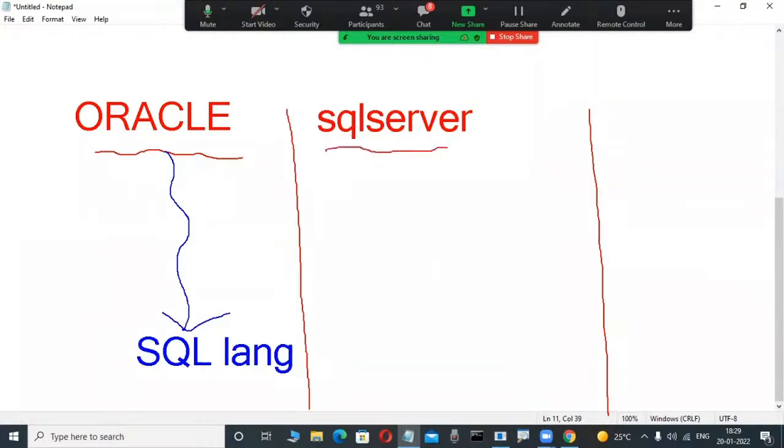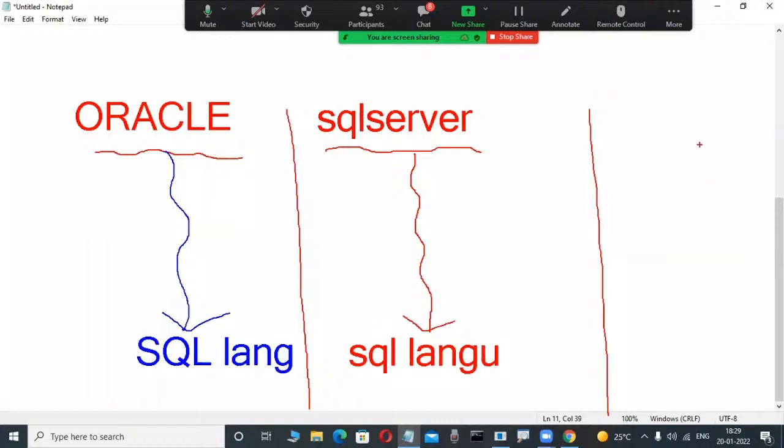Some employees are working on the SQL Server product. That is also a database product, the same as Oracle, but to operate SQL Server they also use one language: SQL. Again, many people in my company use MySQL, a relational database product that is open source.